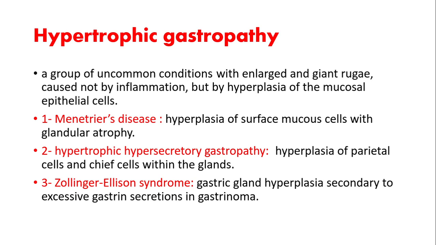Another disease entity is called hypertrophic gastropathy. From its name, hypertrophy and hyperplasia. We said previously that gastropathy indicates damage, and indicates there is an inflammatory process without chronic inflammatory cell infiltration.